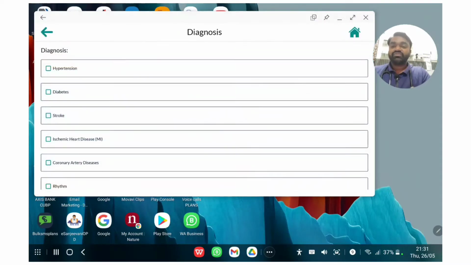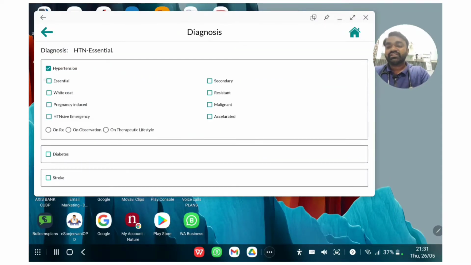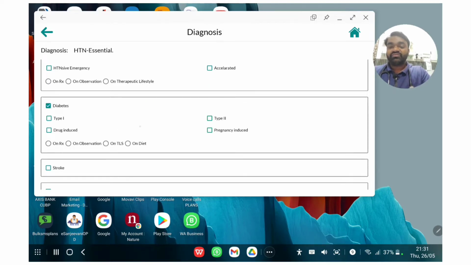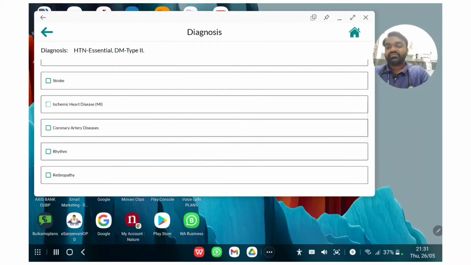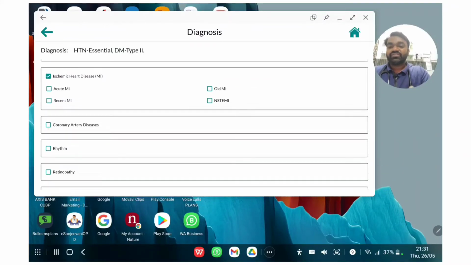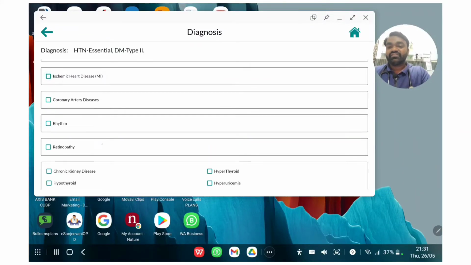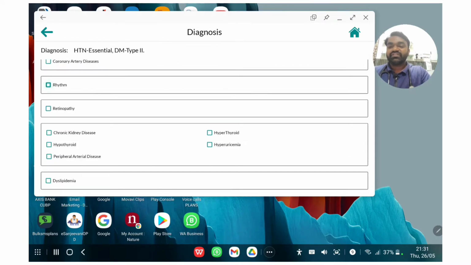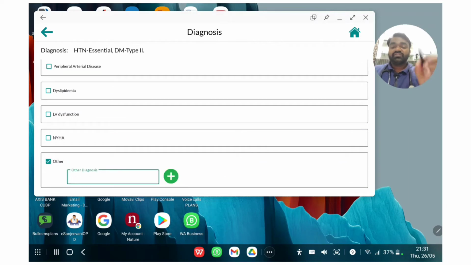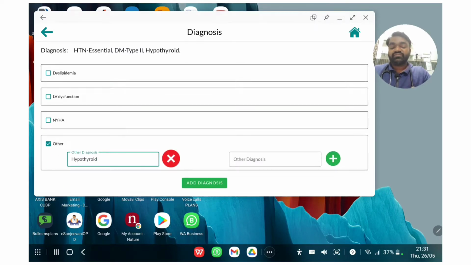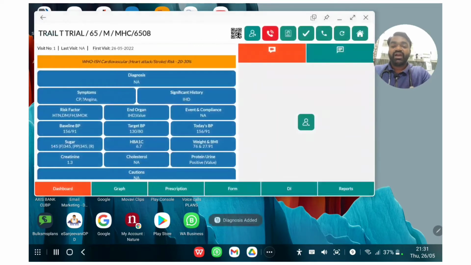If you want to diagnose the patient, you can diagnose like this. You have to provide the diagnosis of the patient. You have various diagnoses reflected in this system: ischemic heart disease, coronary artery disease, whether the patient is in sinus rhythm or something else, then CKD, and if you want to give something else, like hypothyroid, you will have to submit your diagnosis over here, and when you add the diagnosis, it is reflected over here.